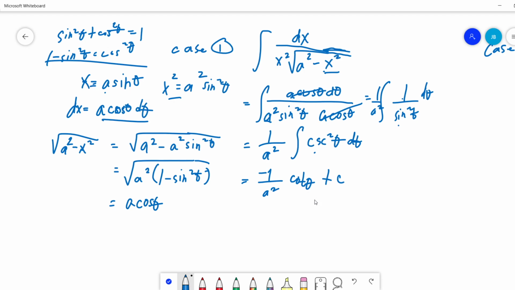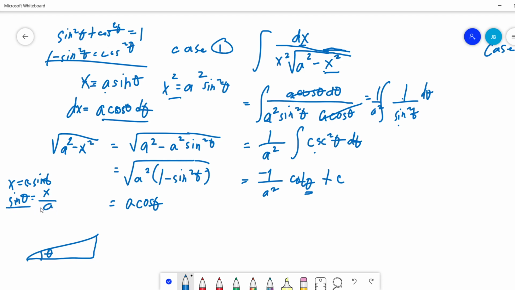Not yet. Remember that our original values inside our integrand are in terms of x. Therefore, this is not yet the correct answer since this is in terms of theta. Now, how do we do that? Let's draw a right triangle, to be precise. You have x equal to a sine theta, so sine theta is equal to x over a.